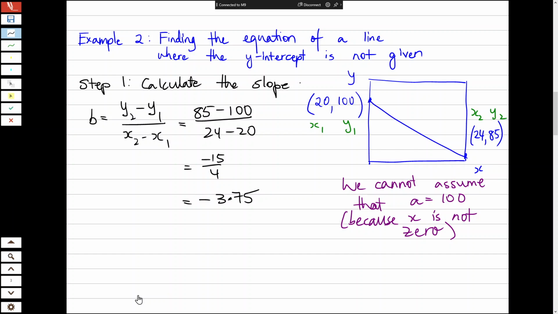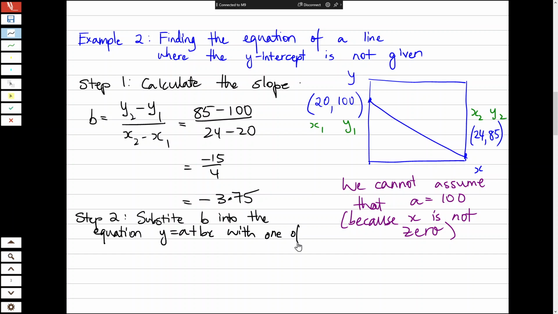All right, so now that we've got the slope, our next step is to find the intercept. So here what we want to do is substitute b into the equation y equals a plus bx with one of the coordinates.